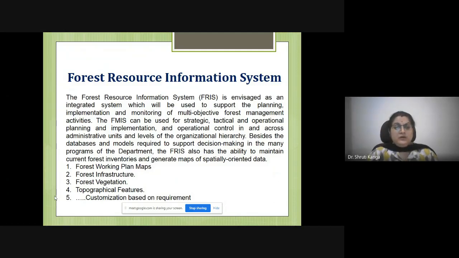Then the forest resource information system also has the ability to maintain the current forest inventories and generate the maps which are spatially oriented data.